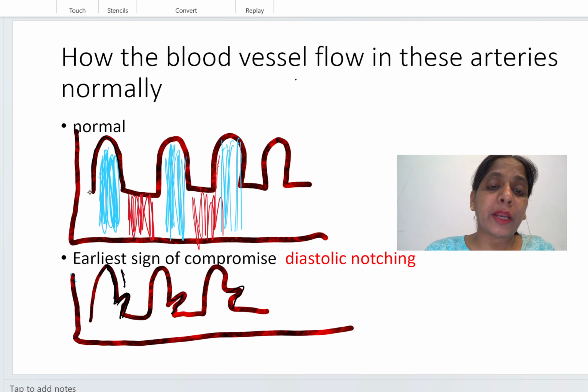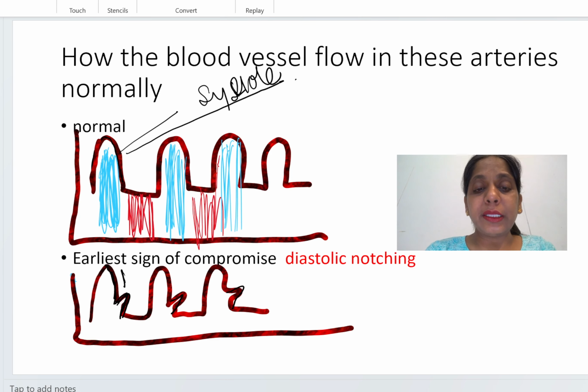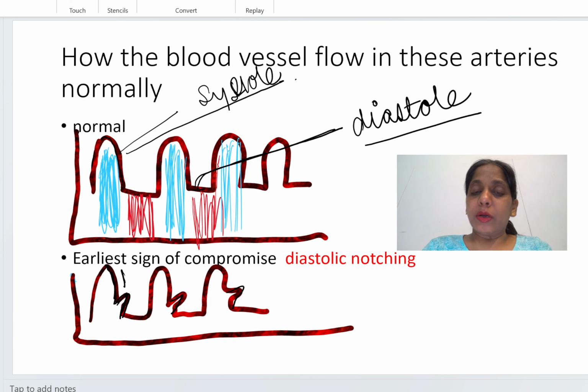So in a similar way, this is the normal blood flow. This is the blood flow in the systole. These peaks are in the systole. The blood flow has increased, right? And these down peaks, these are diastole. And these high peaks are systoles.